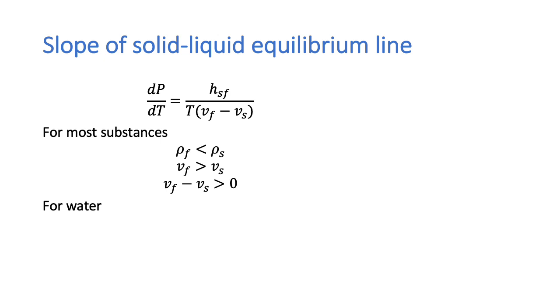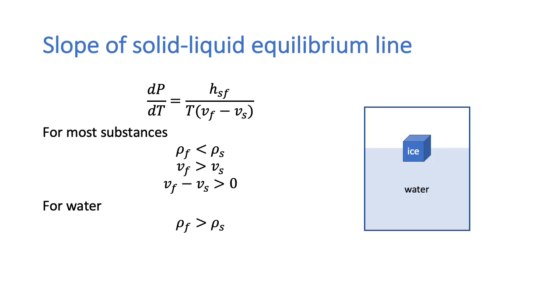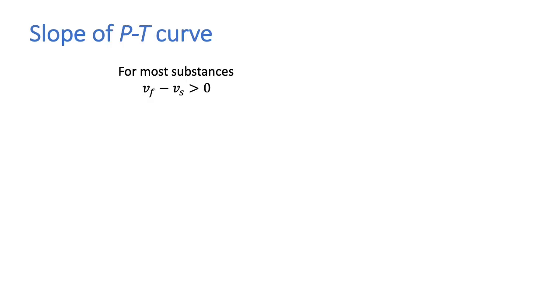Now, for water, ρ_f is greater than ρ_s, and water is an unusual substance because ice will float in liquid water. v_f, therefore, is less than v_s, which means that v_f minus v_s is less than 0.